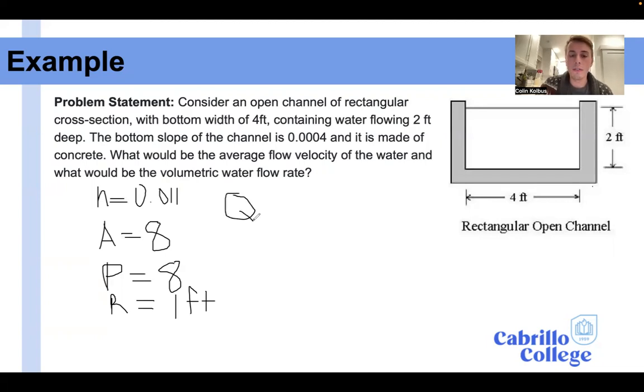And you'll note on the first slide, we had flow rate equals velocity times area equals our whole equation: 1.49. Since we're in feet, we're in the US system, so we're going to use 1.49. Then we have area times R to the 2/3, hydraulic radius to the 2/3 power, and slope to the 1/2 power.